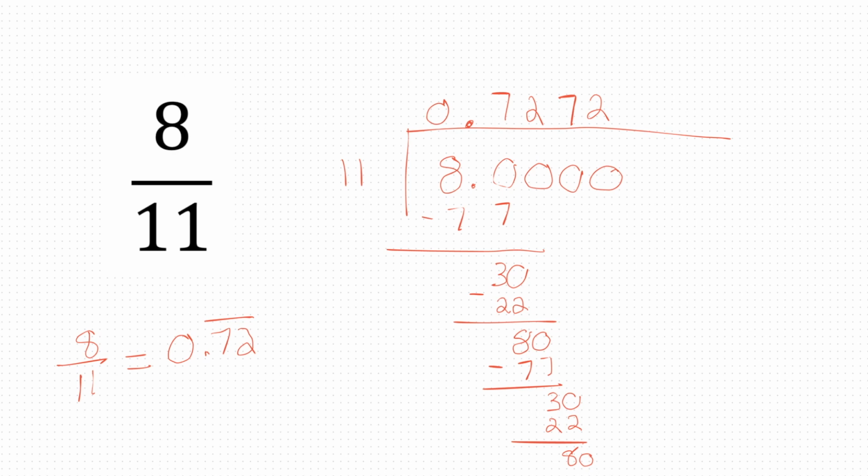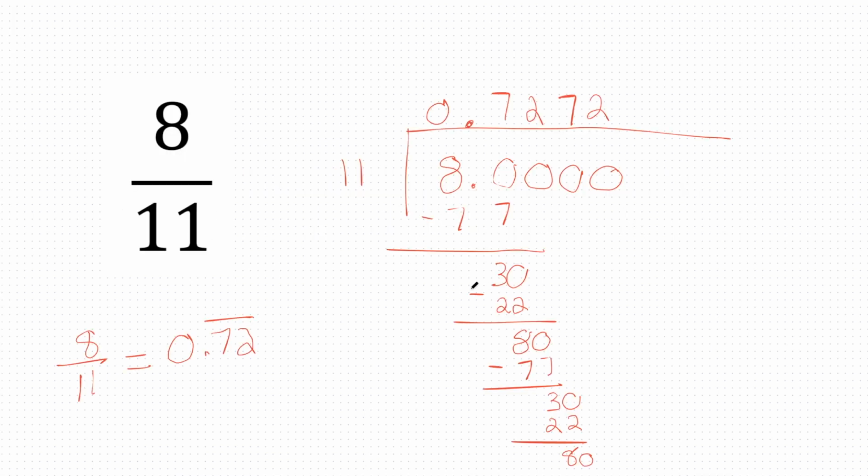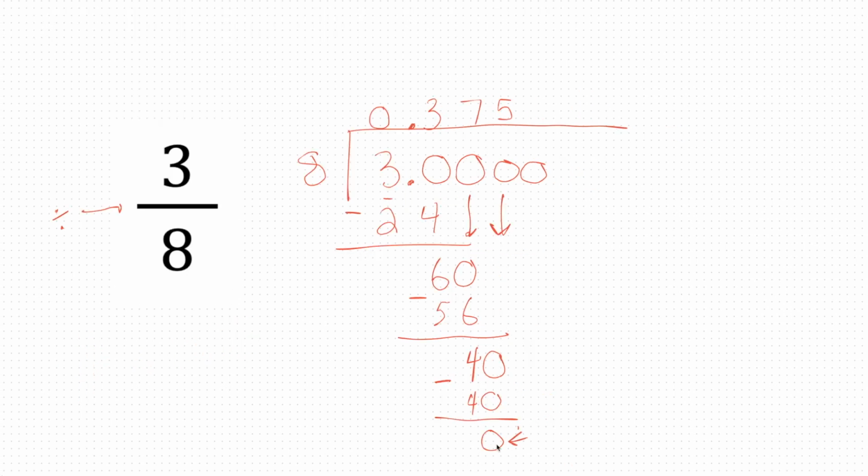Because that repeats, 8/11 is a repeating decimal because the division will never result in a remainder of 0. If you go back to this problem, when we did all the subtractions, we never got 0. Where when we had the problem 3/8, we did get a 0. That's what made it terminate. All right, hopefully this was helpful, and good luck.